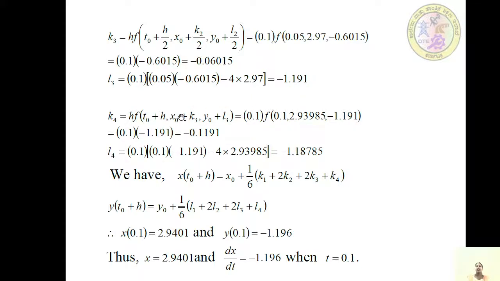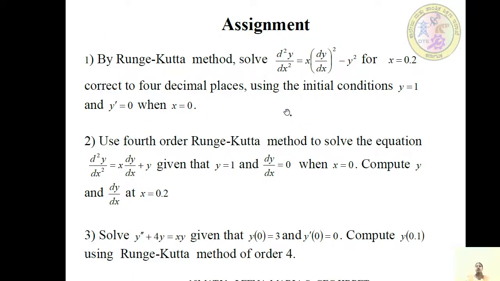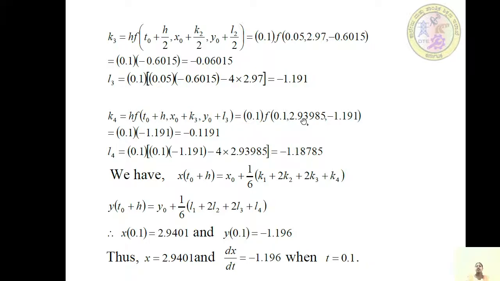So finally K4, h f of t naught plus h, comma, x naught plus k3, comma, y naught plus L3, equals 0.1 into, simplifying this, t naught plus h, x naught plus k3, y naught plus L3, we get f of 0.1, comma, 2.93985, comma, minus 1.191.